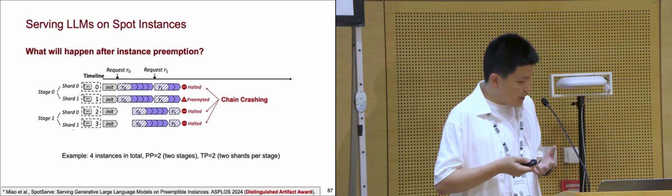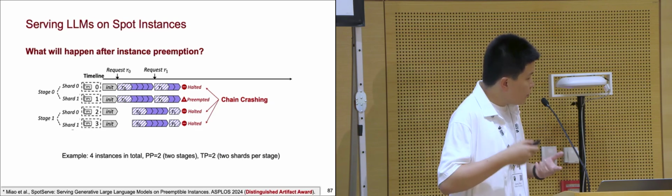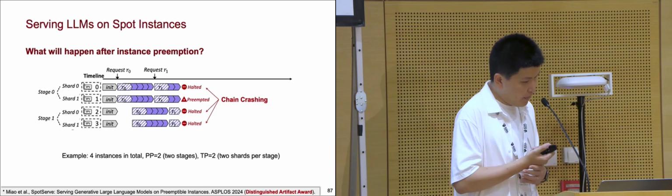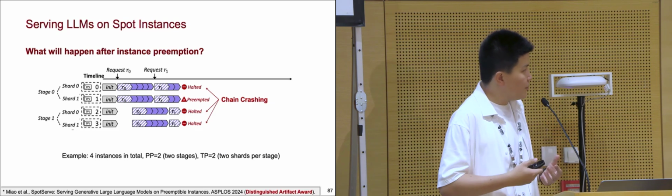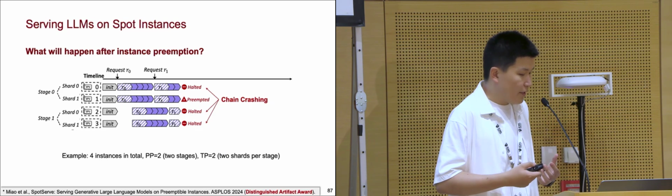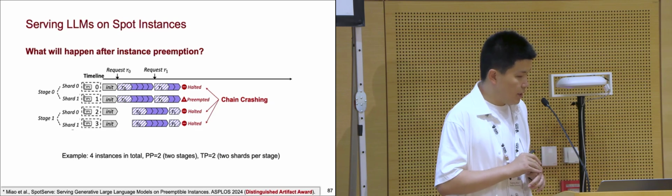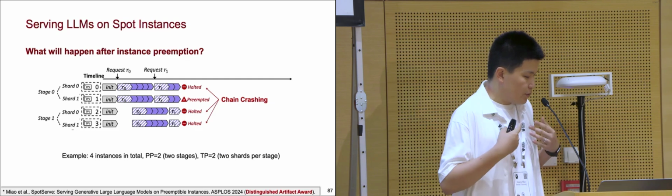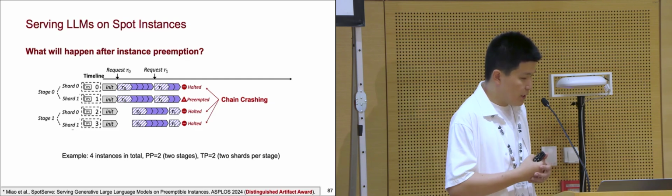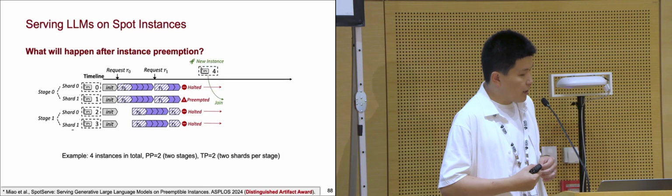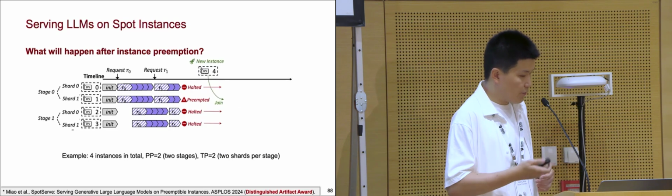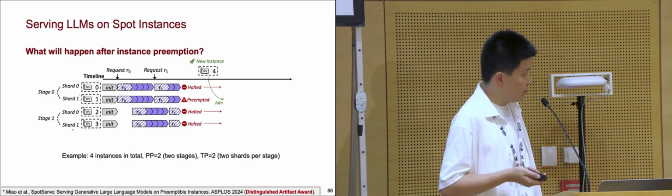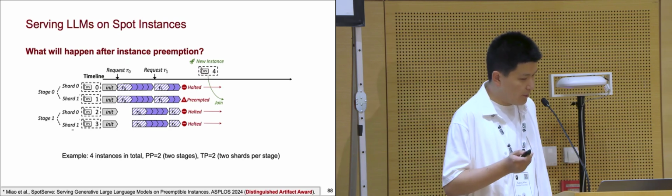So let's start with the first question: what will be the issue when preemption happens? Here we can show a real example of running a language model using 4 GPU instances. Here we use a very simple parallel solution, using 2 pipeline stages, and for each stage we use tensor parallelism with a degree of 2, which means we have 2 shards for each stage, and each GPU will be responsible for one of them.